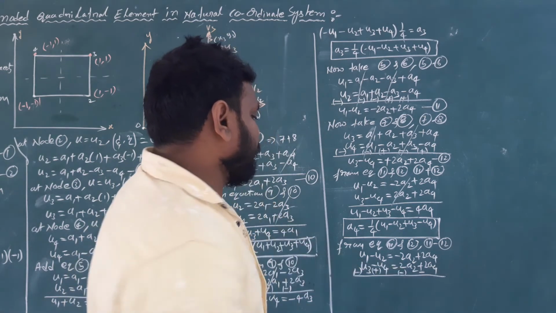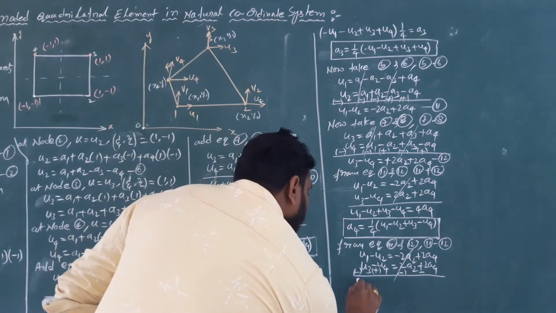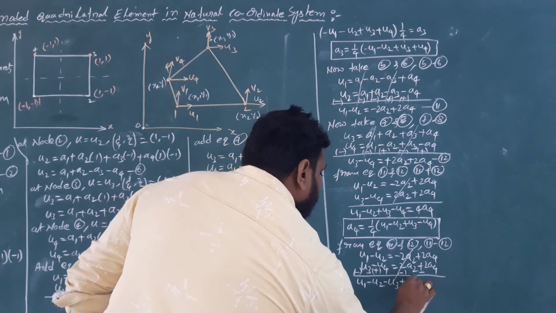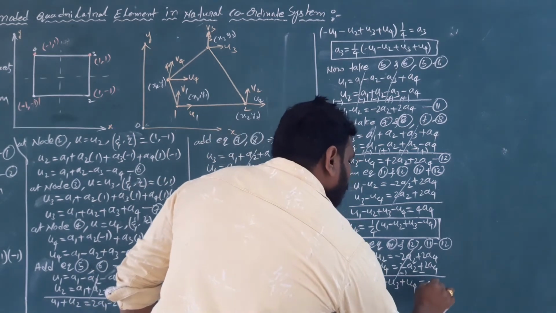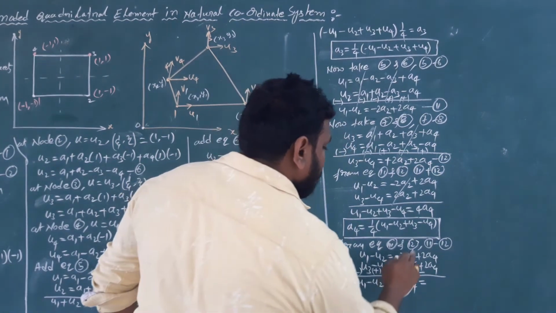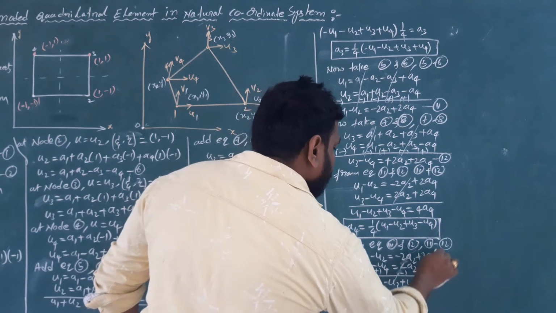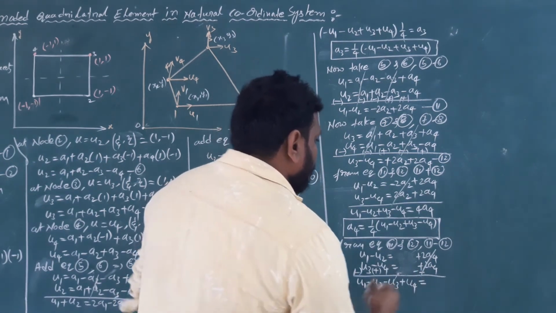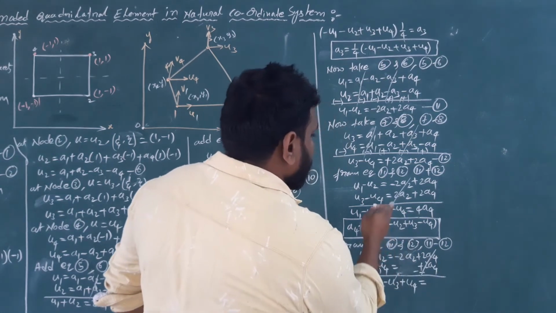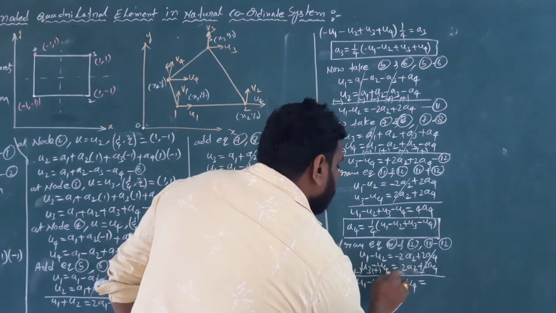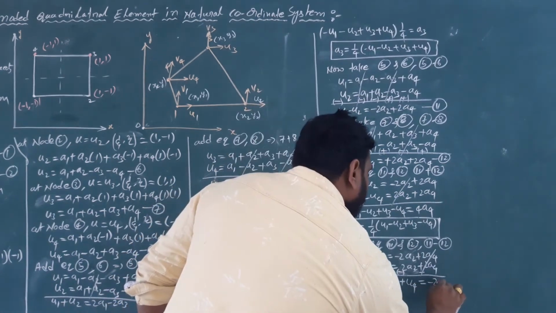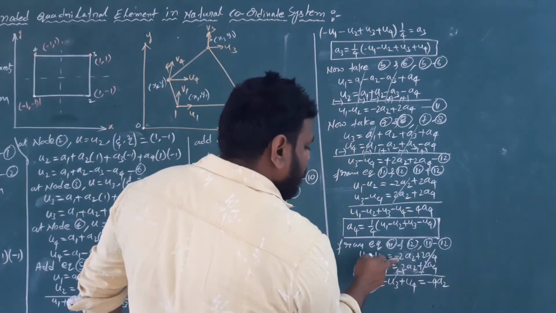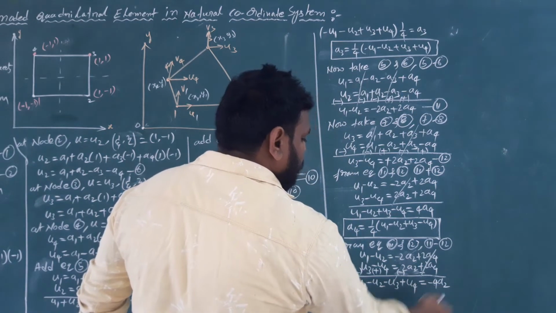Here also minus. So a4 cancels. So remaining is u1 minus u2 minus u3 plus u4 is equal to, here minus 2a2 and this one is also 2a2 but with minus, so minus 4a2.